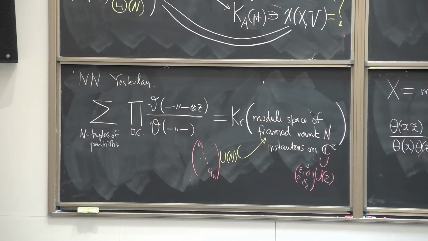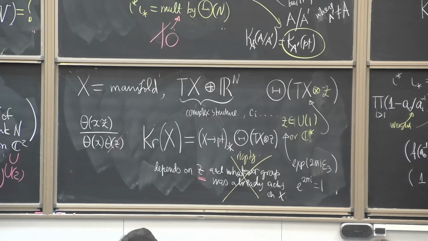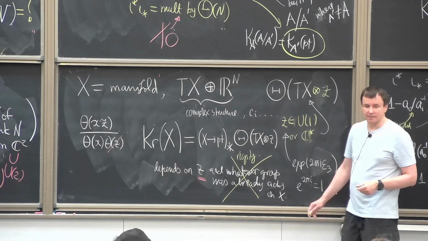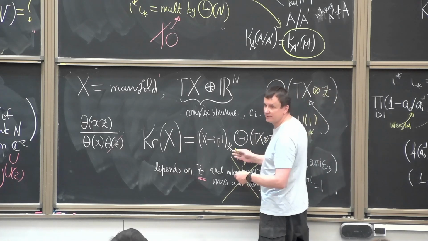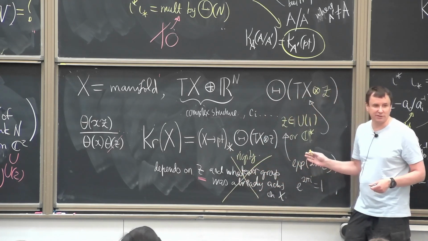Because the main theorem, Krichever's rigidity theorem, says that upon some conditions it doesn't depend on those variables. This is the rigidity. In K-theory, this is the old theorem of Atiyah-Hirzebruch.